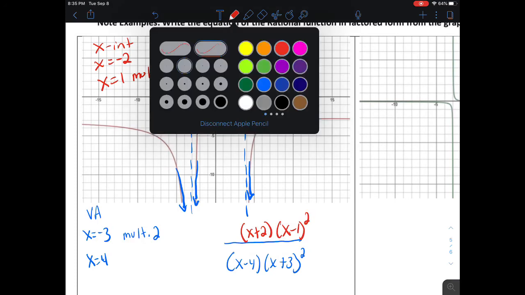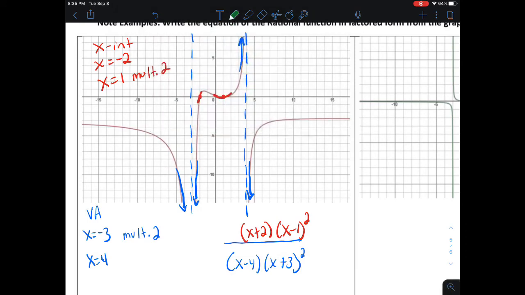Now, we need to find that vertical stretch factor, call it a. So I need to know what number a will account for the stretch and the shrink for the y values.